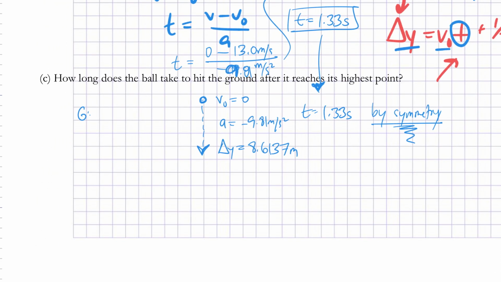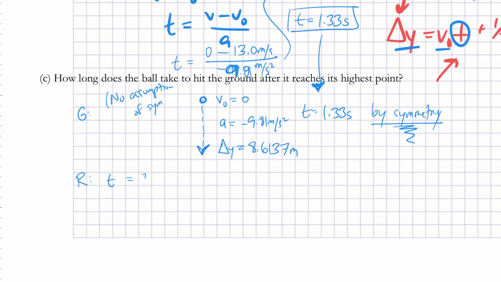Now this is a little trickier, because if we're looking for time, I think we're not going to get away without using the quadratic equation. We're making no assumption of symmetry.